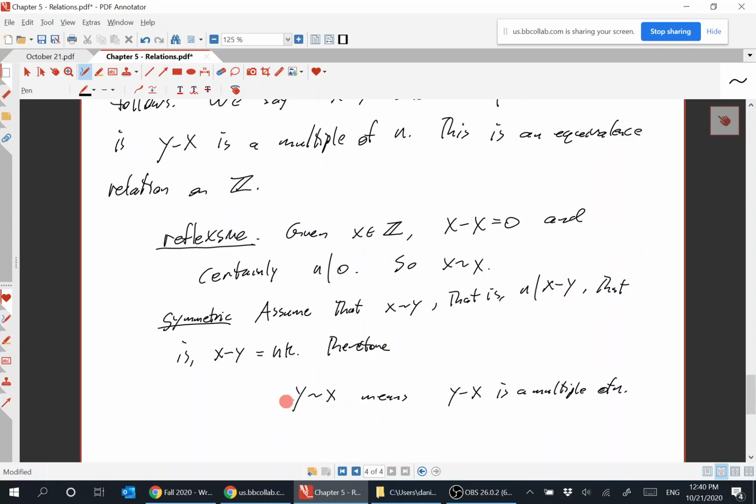This is not part of the proof. I'm just working something out here. So if x minus y is equal to n times k, y minus x is equal to n times minus k.